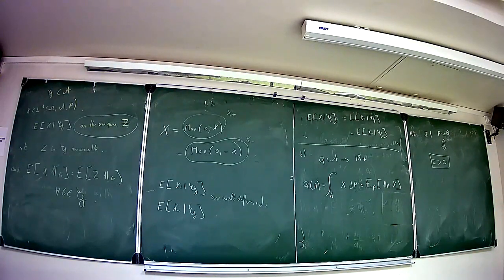If you have a sequence of pairwise disjoint sets, Q of the union is equal to the sum of the Q. Q is positive for sure because x is supposed to be positive, so I have the integral of a positive mapping. I want you to prove that Q is bounded and that Q is sigma additive. And I repeat, meaning that if you have a sequence of pairwise disjoint sets, Q of the union is equal to the sum of the Q.